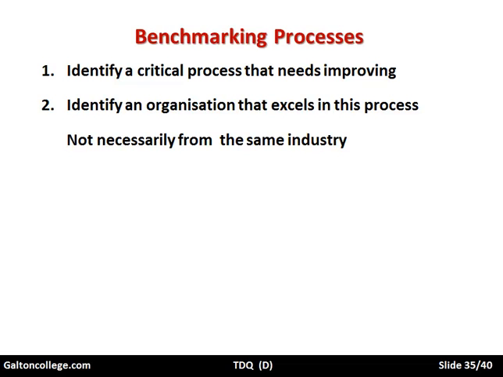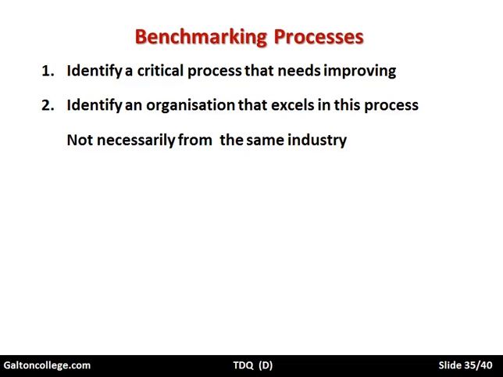So it's a question of identifying within the organization the processes that are done very well, and it could also be looking at organizations that are very good at performing particular processes, because the company needs to benchmark, and it needs to know what's a good benchmark, what's a good standard to set.